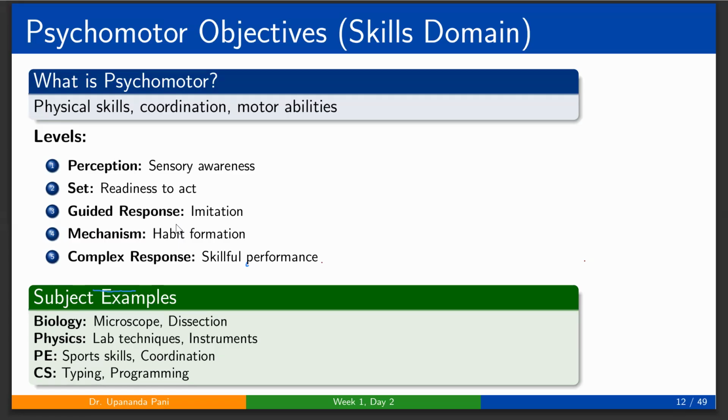Some examples: in biology when we use a microscope or do dissection, or in physics lab techniques, or when we use specific instruments, or sports skills and coordination. In computer science it is typing and programming. So these are different psychomotor objectives of learning.